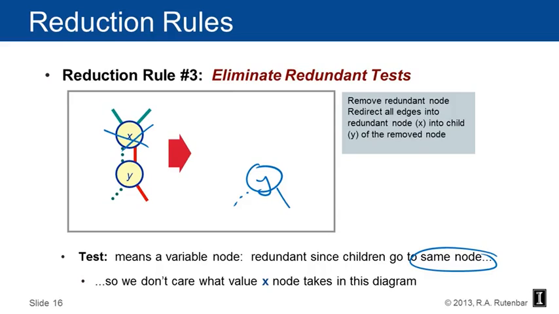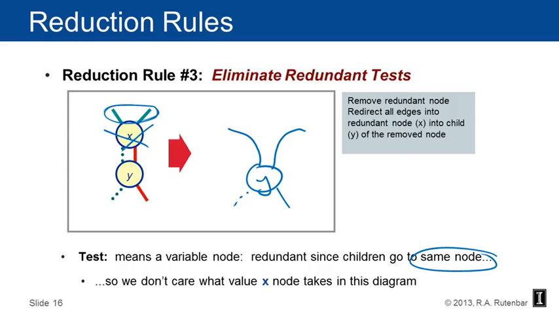And again, the edges that were going into the x node, however many of them there are, I simply redirect them to go into the y node instead. I bypass the x node. The x node goes away. I do not care what value it takes. It does not affect the output of my function, and so I get rid of it.